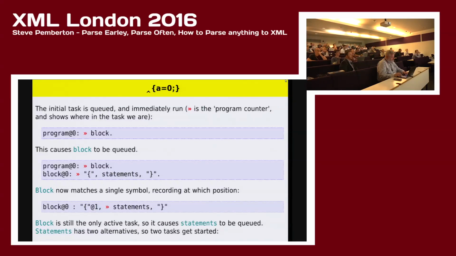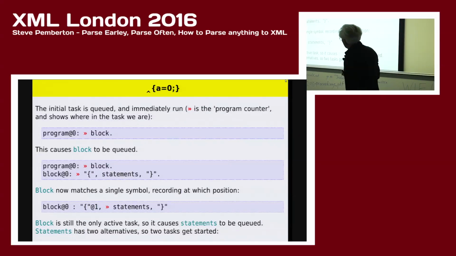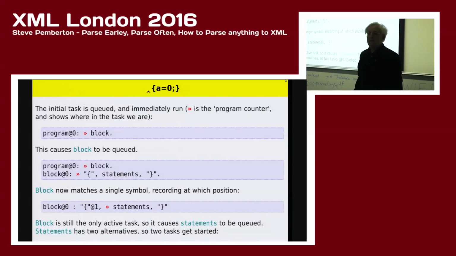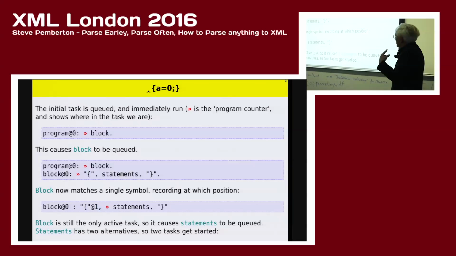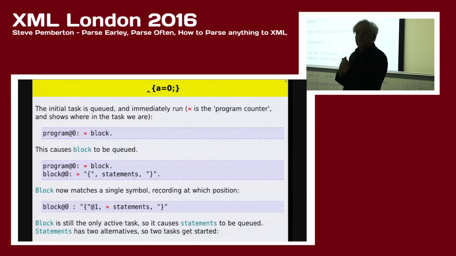This is the only task, so it gets run, and its only task is block, so that gets started at the same point, at point 0, and that's got three parts. So block then gets executed, and the first character it sees up at the top there is a brace. It matches the brace, so it moves the program counter. This gets swapped out, as it were, but that's the only program that's still active, so it gets called again, and that calls statements.